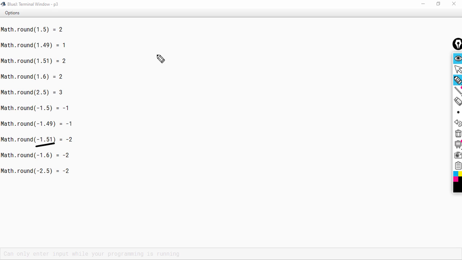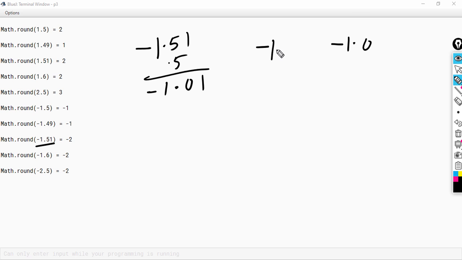Next we have minus 1.51. Minus 1.51 plus 0.5, that will give us minus 1.01. Minus 1.01 comes between minus 1.0 and minus 2.0, okay.